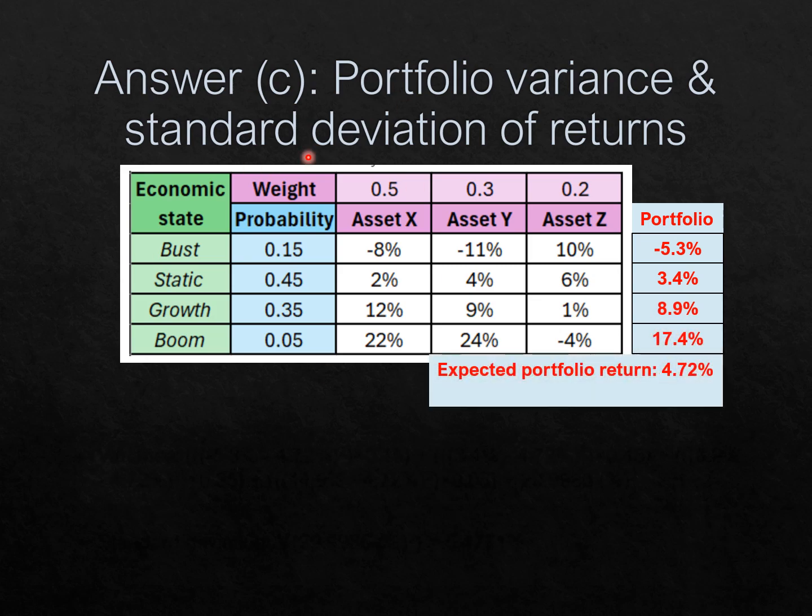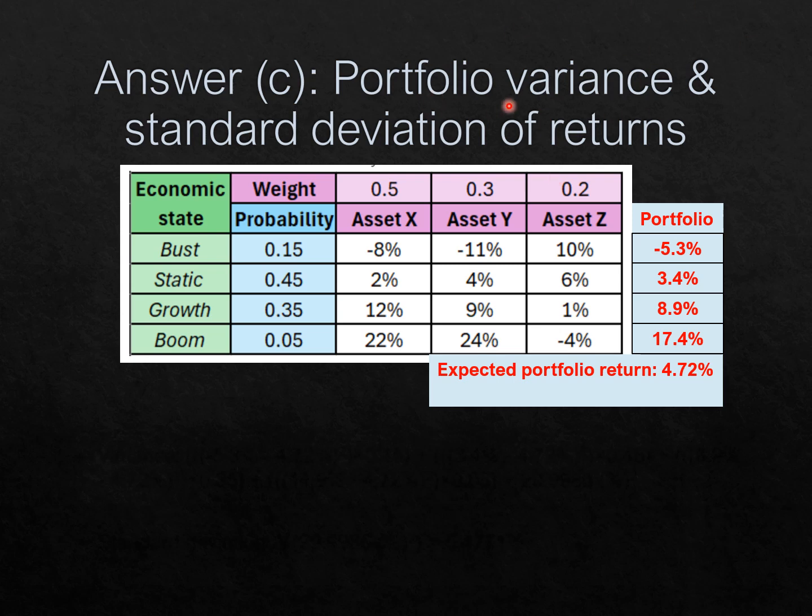In this question, question C, we are asked to calculate the portfolio standard deviation of returns. But in order to calculate the standard deviation of returns, first we must calculate the portfolio variance of returns. So we'll do that first. But remember, for variance, we need three pieces of information.